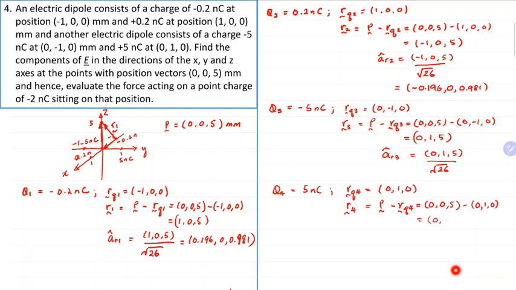This gives (0, -1, 5). Unit vector R4 is that over root 26.